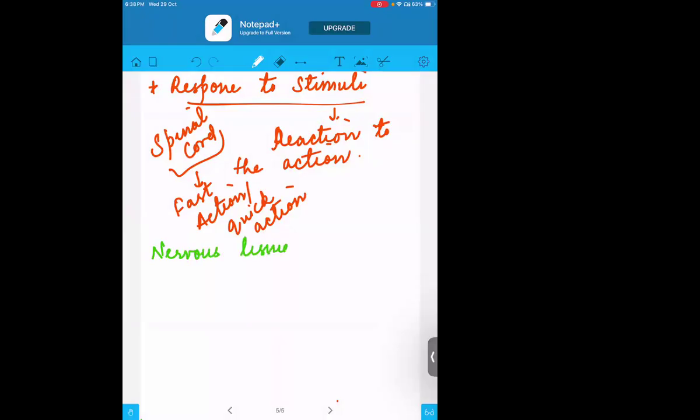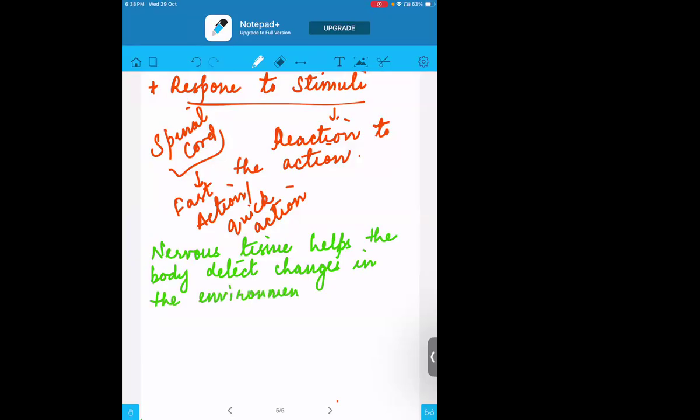So nervous tissue helps the body to detect the changes. Whatever changes are happening in the environment, here meaning stimuli, the body will realize it, understand it, and accordingly respond. Respond means the reaction here.